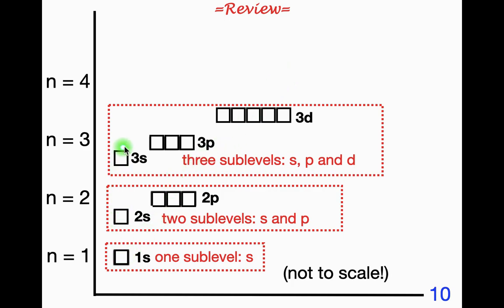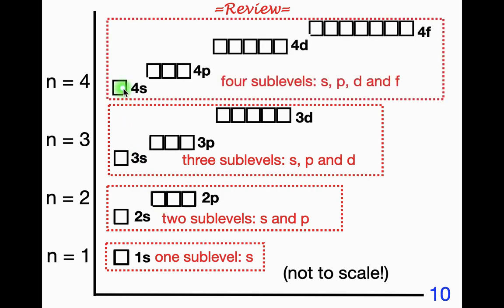So the S's are always just 1 orbital, the P is always 3 orbitals, D's are always 5, F's are always 7. The fourth energy level has 4 sublevels, the S, the P, the D, and the F.